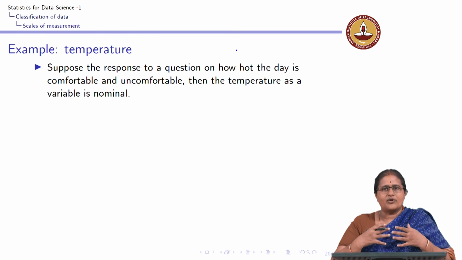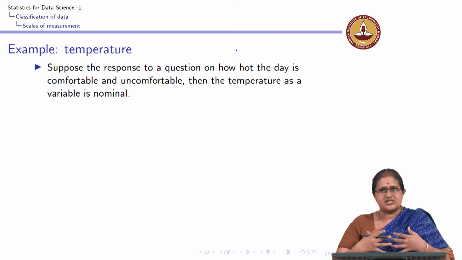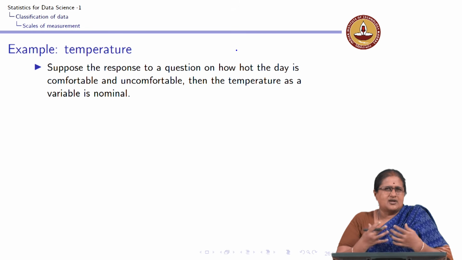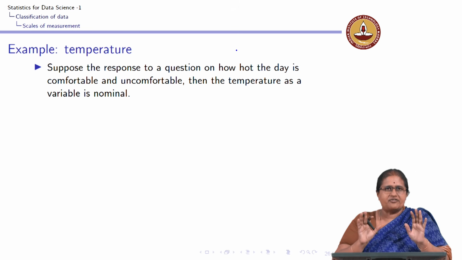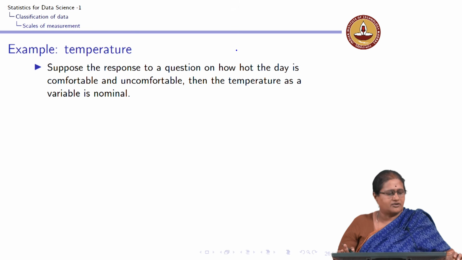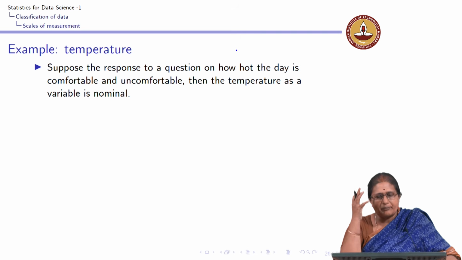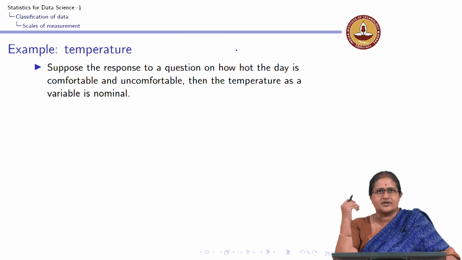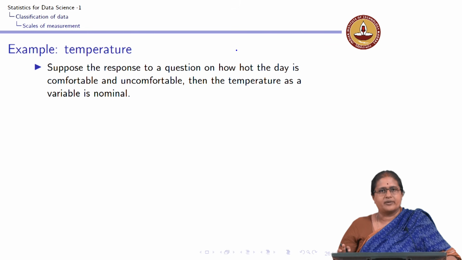I really am not grading or ordering this feeling. It is categorized into comfortable and uncomfortable, and in a sense you might feel that there is an order, but at this point of time I am not having any order between comfortable and uncomfortable. Temperature is the variable of interest, and here you can see temperature is a nominal variable.